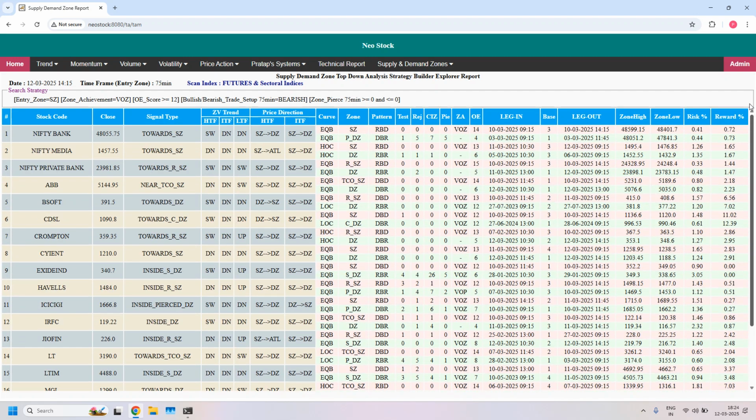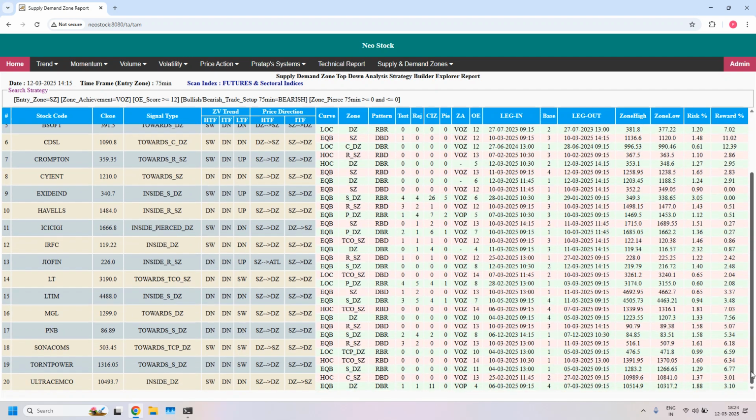we got 20 stocks. So first 15 stocks in the list which are supporting bullish trade setup for weekly income, bearish trade, not bullish, bearish trade setup for weekly income trade. Scrolling the list down. So total 20 stocks are filtered.